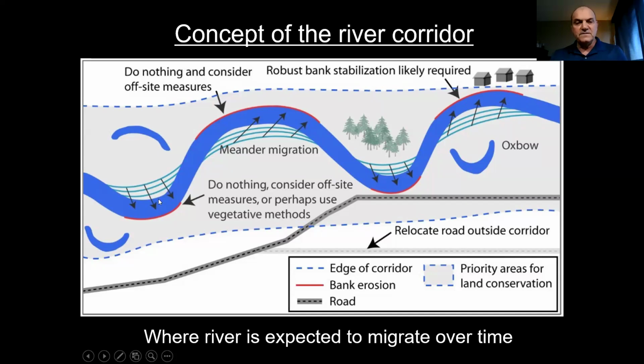You might consider some vegetation to slow that process of erosion, but really doing nothing would be fine, allowing the river to continue with its dynamic processes. Only here, where the river's approaching some infrastructure, some homes, is where we might need to consider bank stabilization, assuming the homes can't be moved.